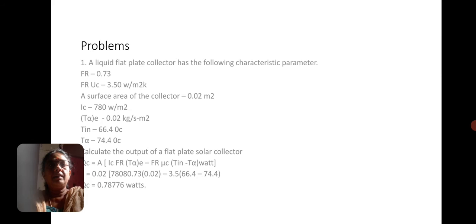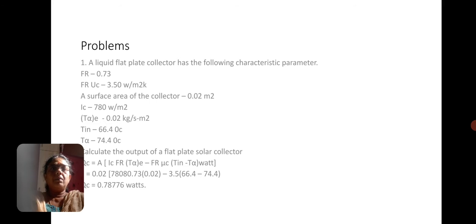A liquid flat plate collector has the following characteristic parameters. So what are the given things? FR is equal to 0.73, FRUL is 3.50 watt per meter square, the mass flow rate is 0.02 kg per second meter square, T in, that is temperature inlet, is 66.4 degrees Celsius, and T out is 74.4 degrees Celsius.